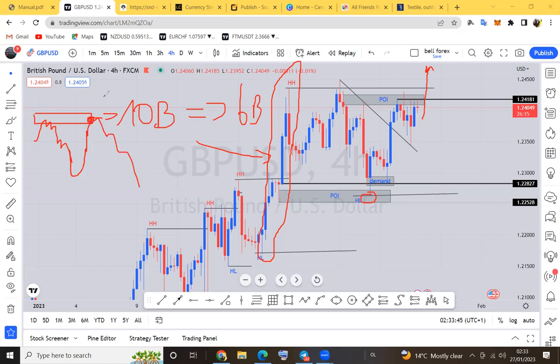So if you are able to identify a structure where an institution entered the market in your chart, then definitely you can wait for price to come back to that point again for you to buy. And this is the only way that you can have perfect points of execution.